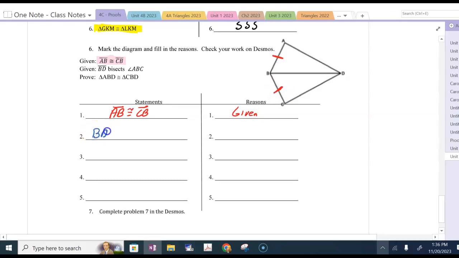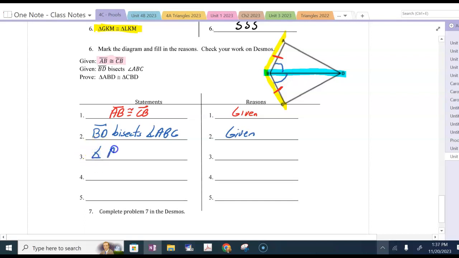Second given is BD bisects angle ABC, that is given. Now what does it mean that BD bisects angle ABC? It means the angles that I'm marking in blue are congruent.